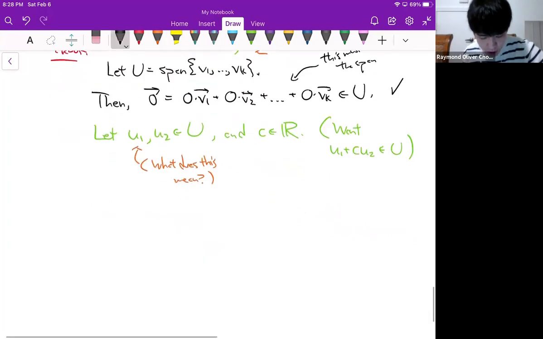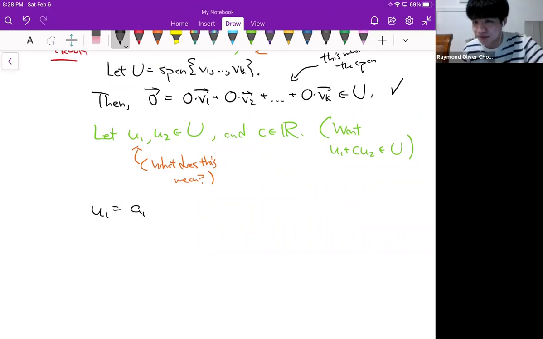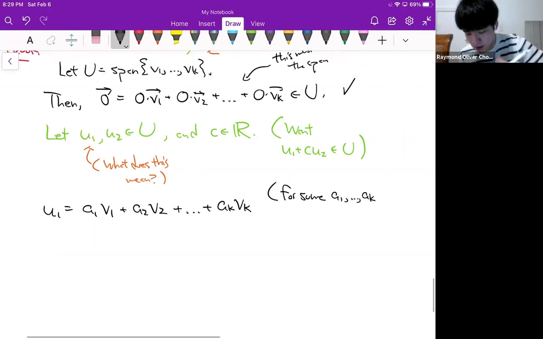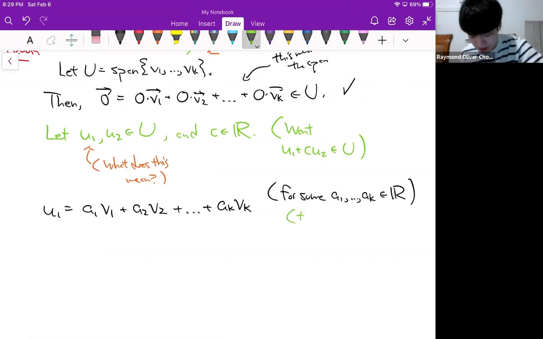So I can say U1 is A1 V1 plus A2 V2 up until AK Vk, where I pick the A's in such a way that I get U1. It doesn't matter what they are. So for some A1 up until AK in R, those are real numbers. The TLDR for this: A1 up until AK are real. That's all that means, they're not fake.